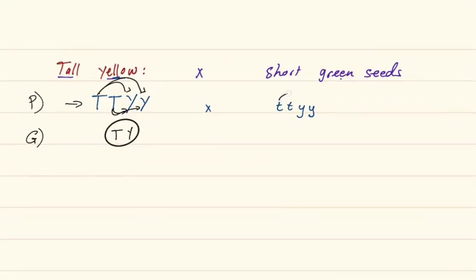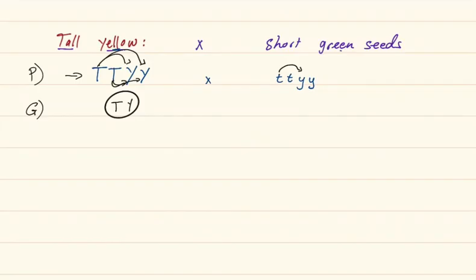The same is the case in the female. How many gametes can be made? The first with the first will be T small, Y small. This with this one the same. This with this one the same. So only one gamete. Now let's cross them. We cross this one with this one. It will give us T capital, T small, because I will cross them together.